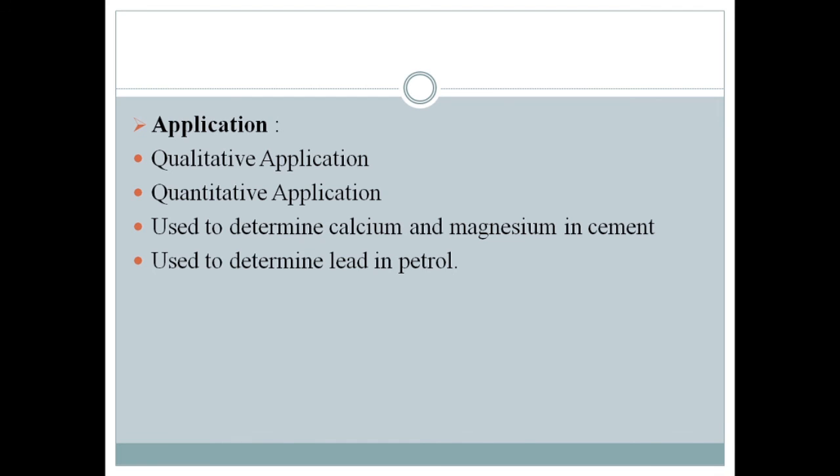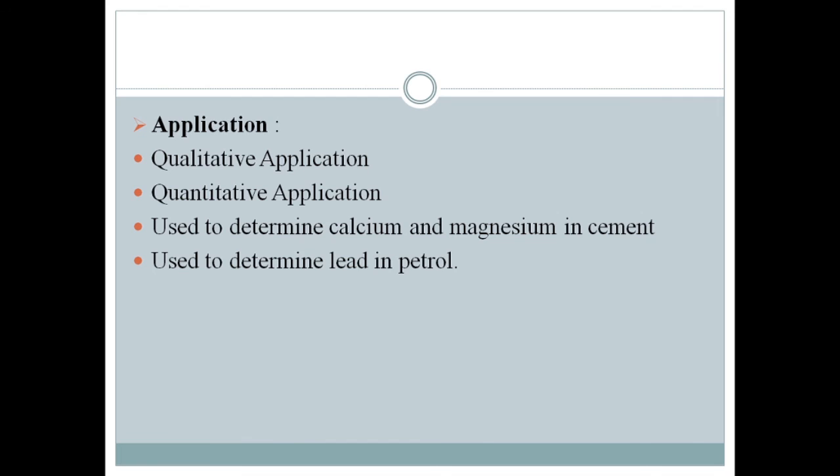Now what is the quantitative application? With the flame photometer, the concentration of various alkali and alkaline earth metals is important in determining the suitability of soil for cultivation, and very often an analysis of shed leaves of plants for calcium and potassium is carried out.